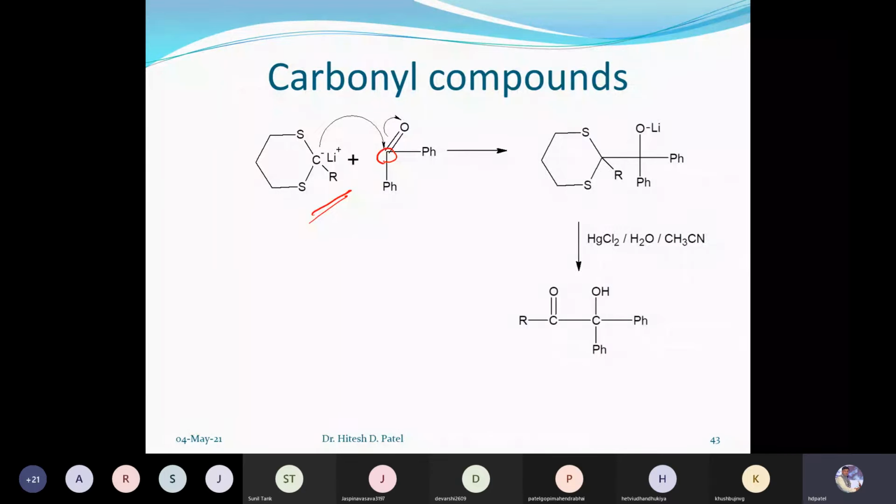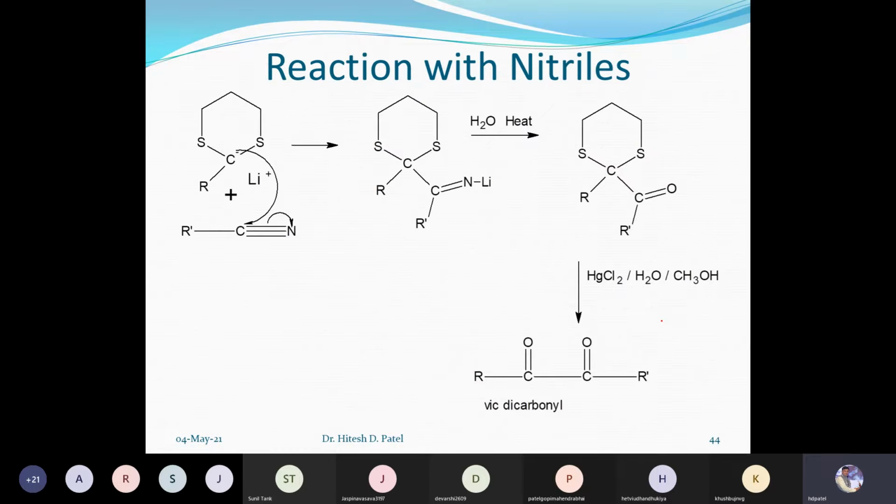Here we get the positive charge, and as a result this C minus will attach over here and we will get this type of intermediate. Then by treatment with HgCl2, water and CH3CN, acetonitrile as a solvent, we will get C=O COH C6H5 C6H5. So this is another kind of derivative we can prepare by using this reagent.